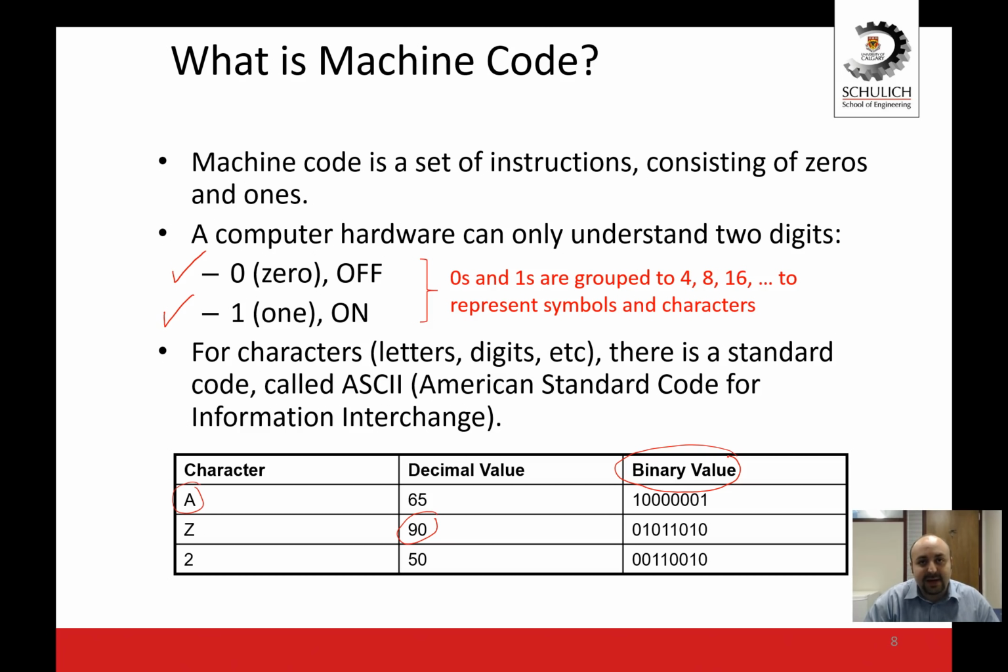So it's a numbering system to base 2. For example, the letter A in the alphabet is given a value of 65, which can be translated to base 2, to binary, to be 10000001.